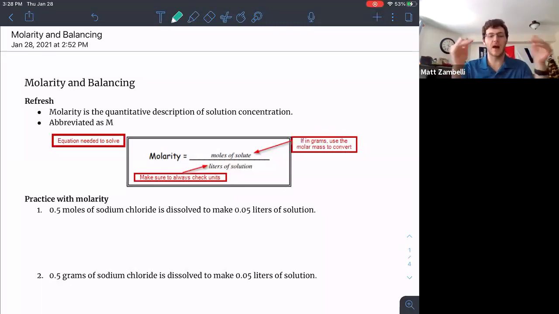And so the first one says we have 0.5 moles of sodium chloride dissolved into 0.05 liters of solution. So how are we going to set this one up?